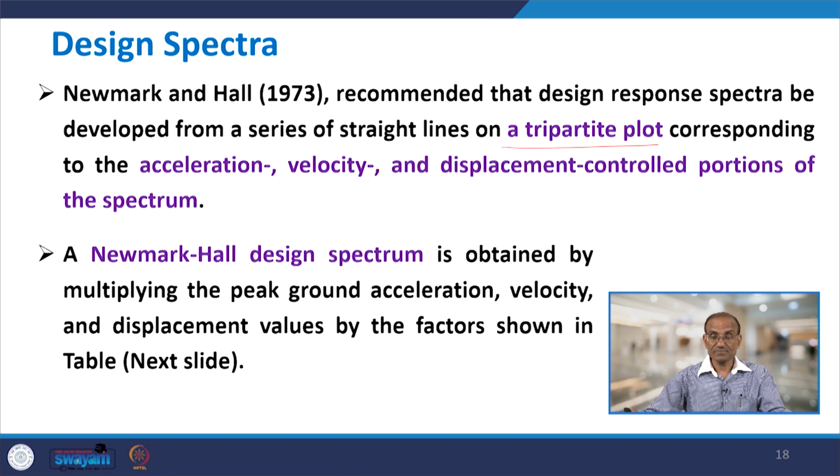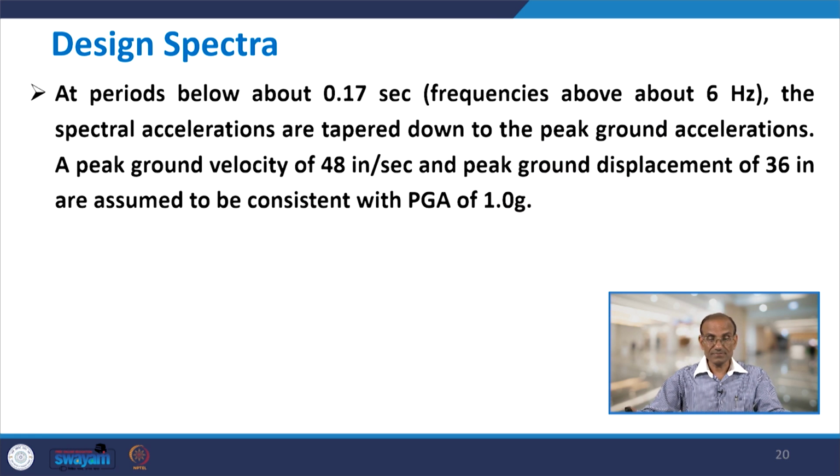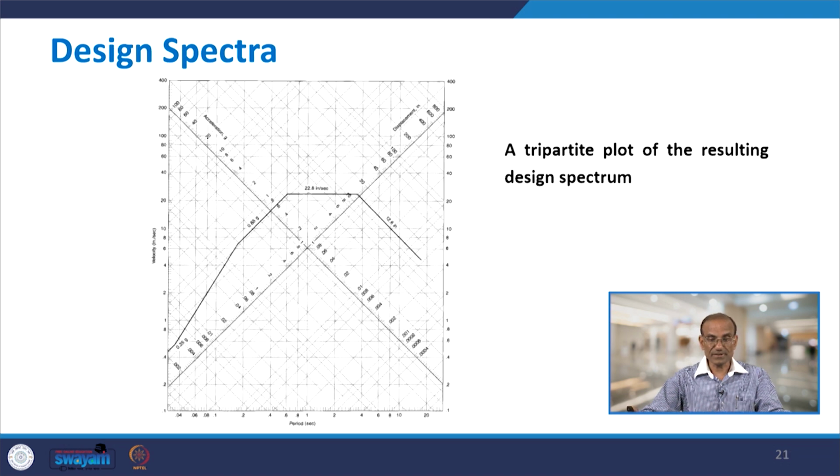Now, as we said that tripartite plot is there. So, let me discuss that tripartite plot first. In this case tripartite plot is shown here. On the x axis you have the period, which is in seconds, and if I draw, let us say for 1 second, wherever it comes, it will hit this and then you have the corresponding velocity.